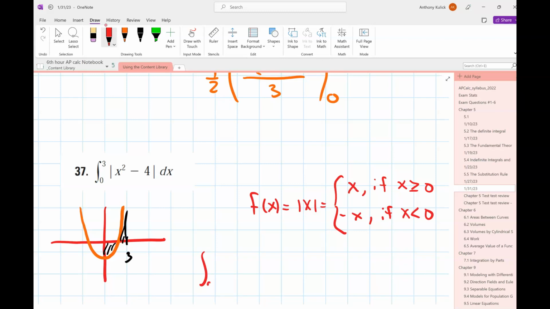So we're going to integrate from 0 to 2 of negative x squared minus 4 dx. Since it's an absolute value, it's like we've bumped that part above the x-axis.